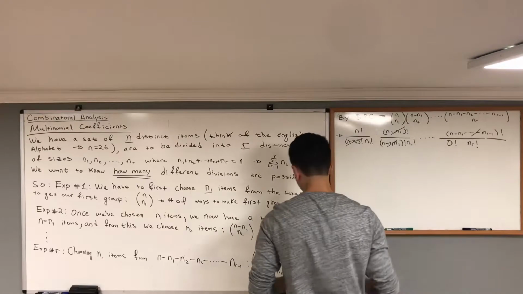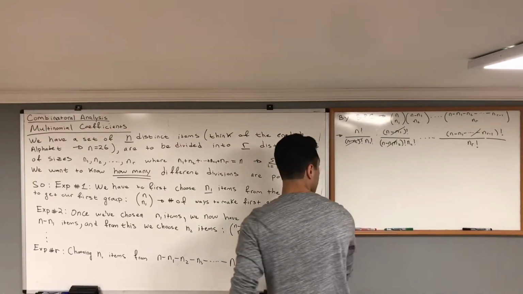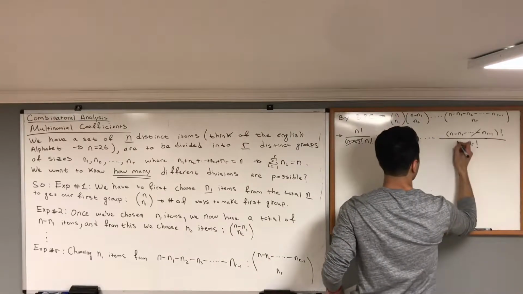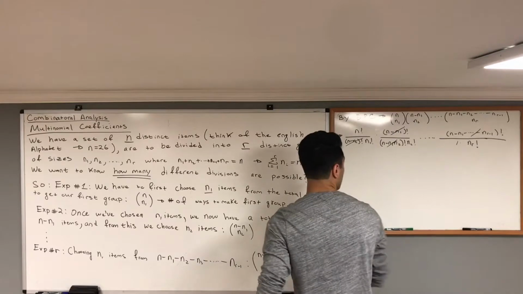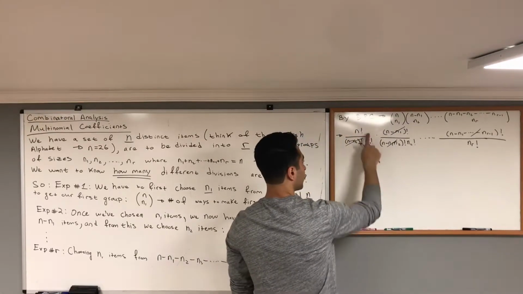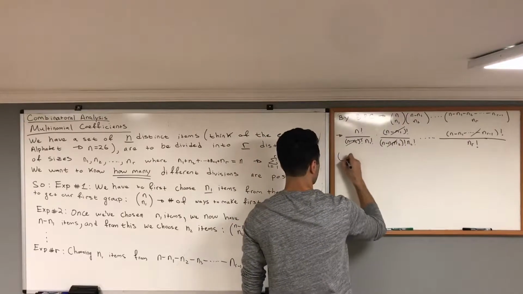0 factorial is just 1, right? That's how it's defined to be. So you just have a 1 there. Okay, so in the numerator, you're just left with n factorial, because everything else gets canceled out.